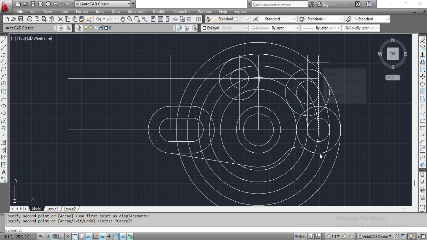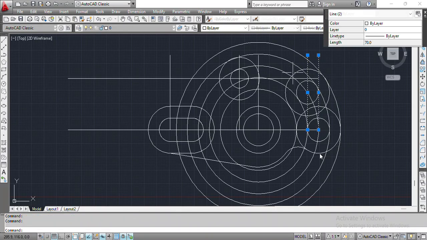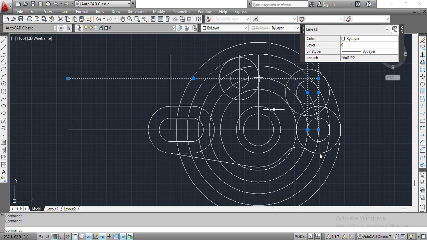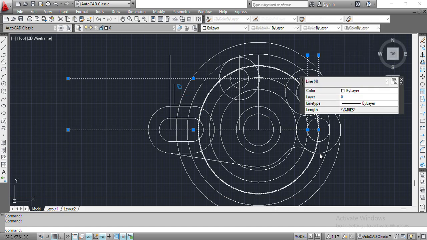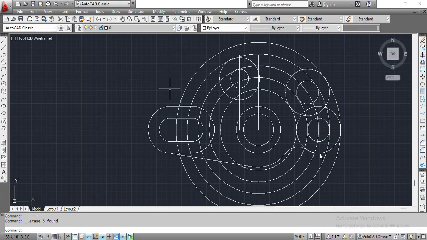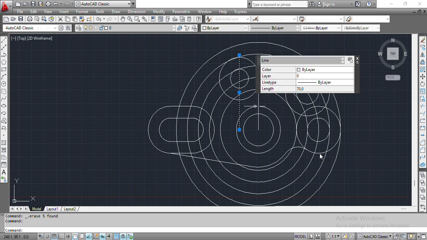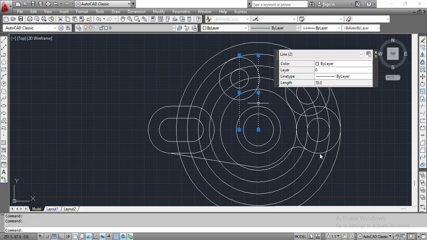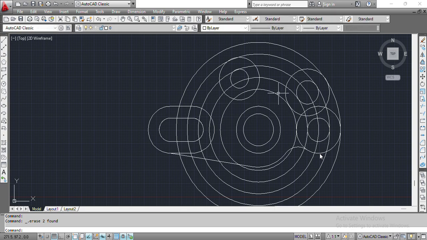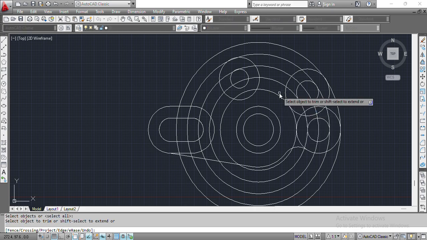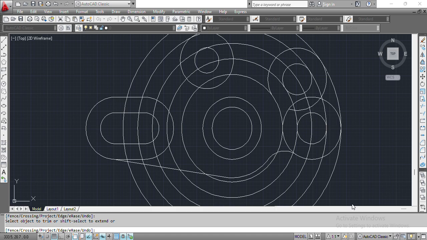After escape, delete the lines. We can now delete the horizontal lines. Delete the horizontal lines. Good. Delete the horizontal and the vertical lines. Delete them, and then we are going to continue with trimming. Trim, yes, now you can continue trimming.